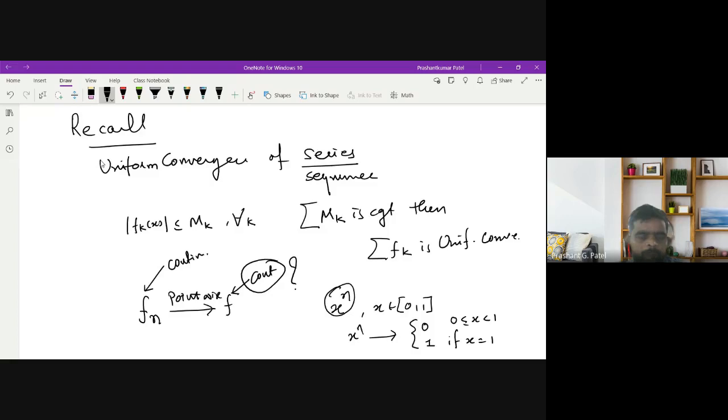So the next theorem that we are discussing in this lecture is that under uniform convergence, continuity is preserved. So let us state what that theorem is.